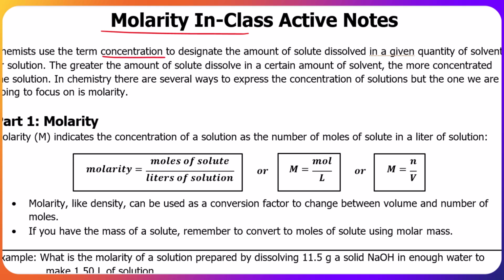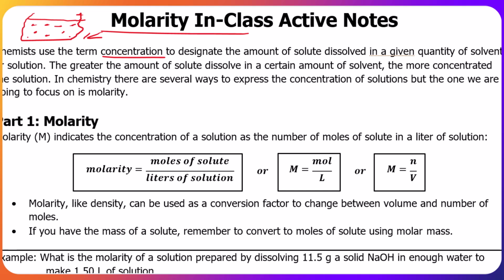What does that mean? I'm just going to try my best to draw a container, and let's say this container is a 1 liter container. So this is a liter of volume, and I'm going to put into that some solute particles. Let's just say each one of these solute particles represents a mole of particles.